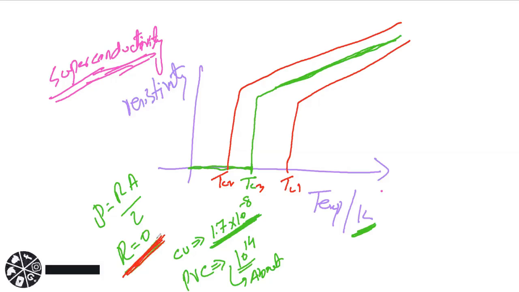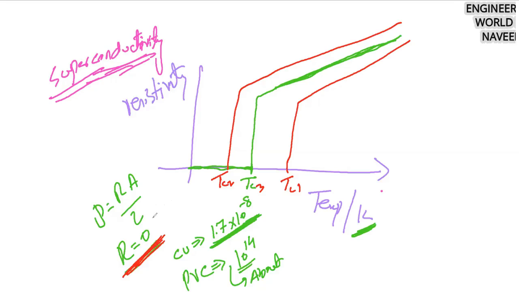No, all materials have this property. But that means you need to freeze it. You need to put the wire in the freezer. Otherwise, how can it reach the critical temperature?